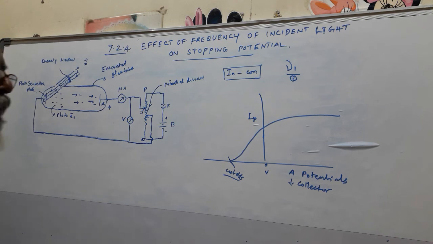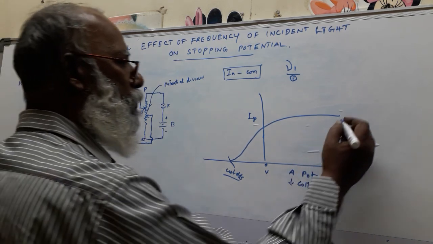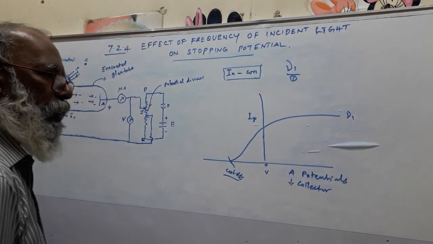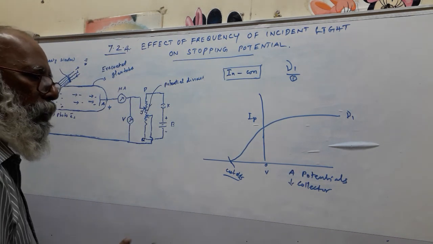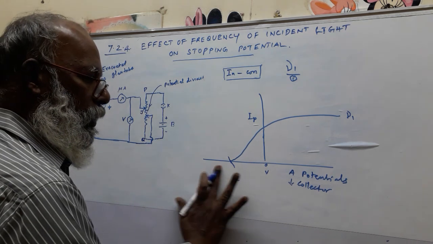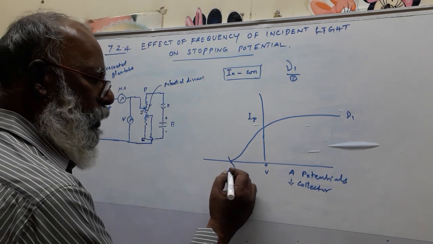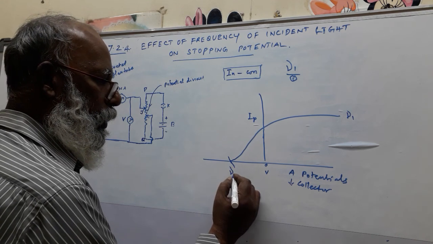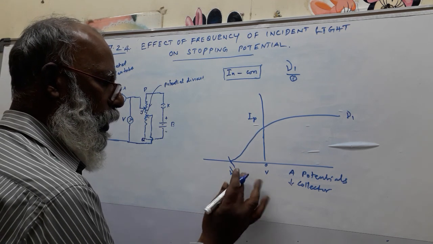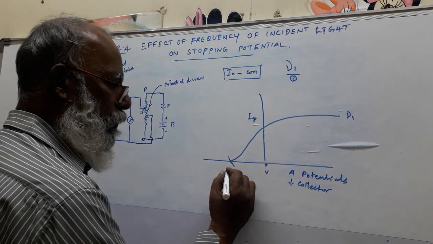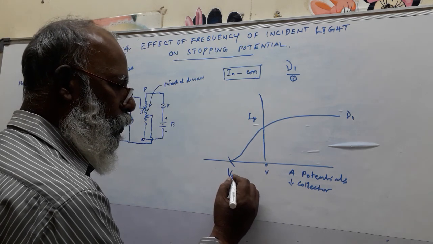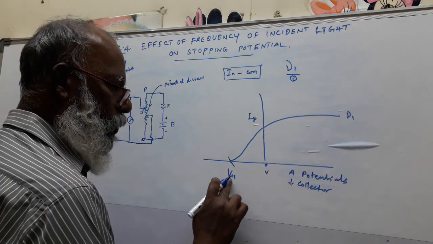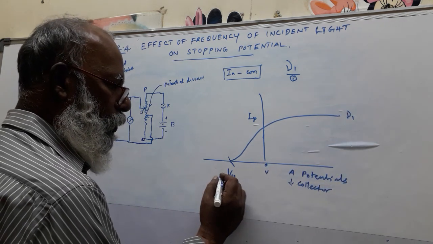Now, at a particular frequency nu1, what happened here? This is called the cutoff voltage, or simply we can say voltage V01. That means for nu1, voltage 1, negative voltage.